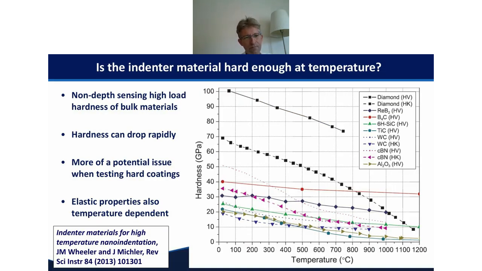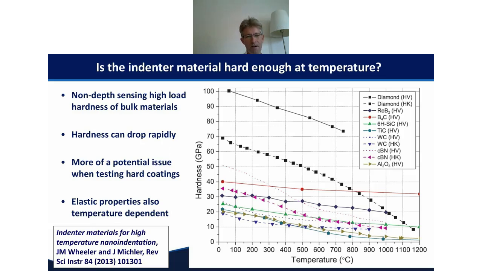So one thing we do need to worry about, as I've said already, is whether the indenter material itself retains sufficient high temperature hardness. So this is some work from the literature gathered together by Wheeler and Mickler. So this is all non-depth sensing high load hardness testing that's generated this data. And what you can see essentially is that the hardness of all these different materials typically decreases as a function of temperature.